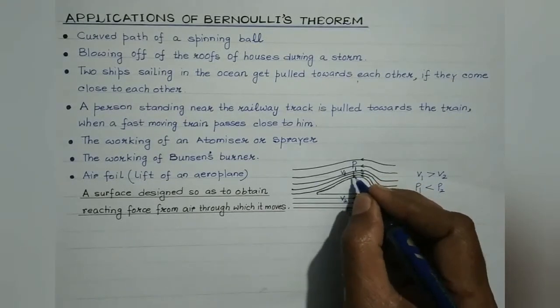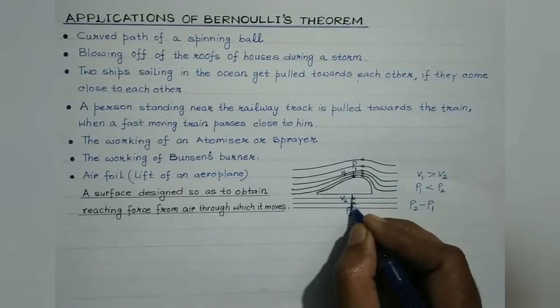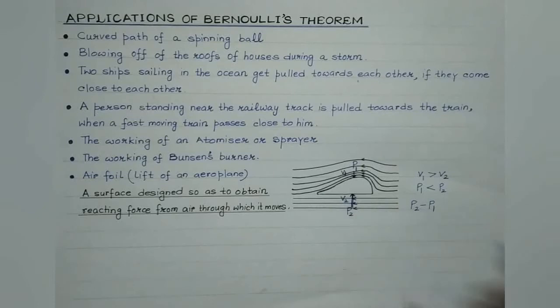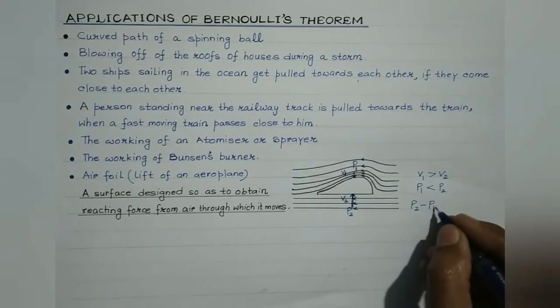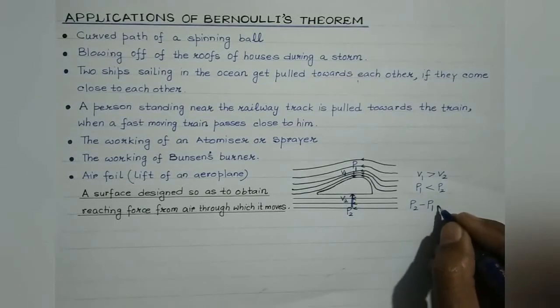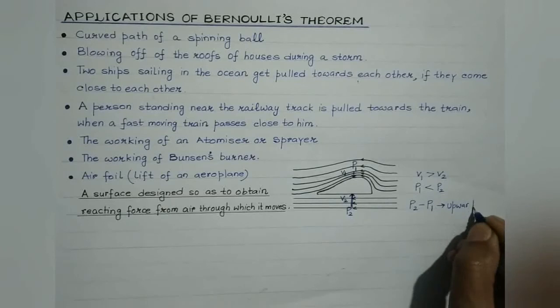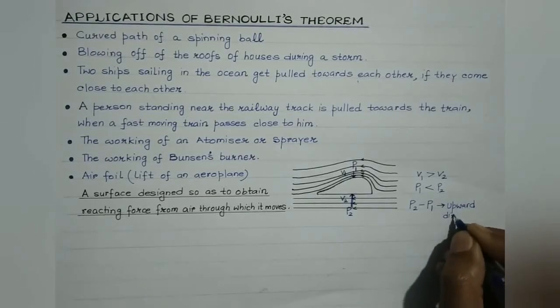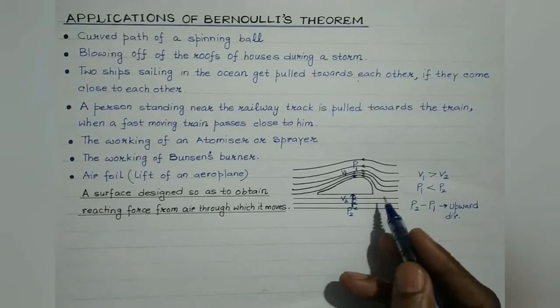Suppose this is the force due to the pressure P1 and this is the force due to the pressure P2. Now P2 being greater than P1, the net force will act in the upward direction. And this upward lift is known as the dynamic lift on the airfoil and maintains it in air against gravity.